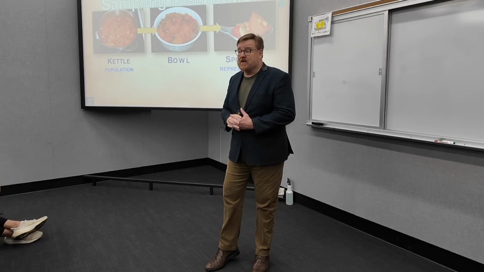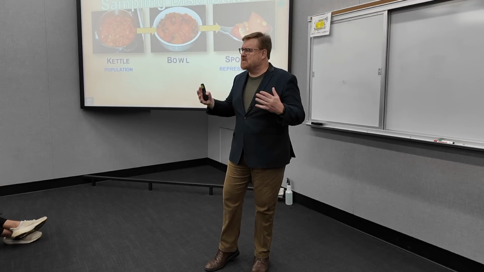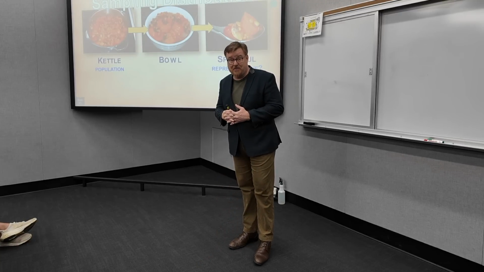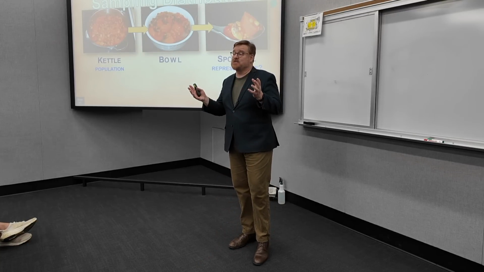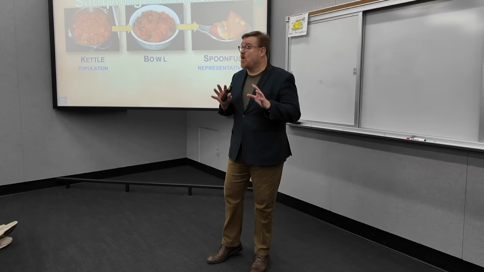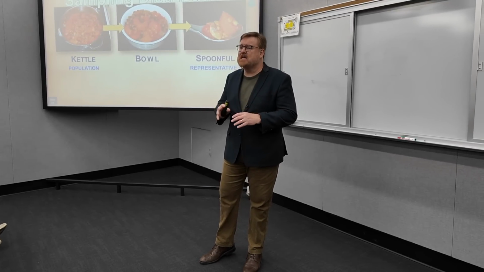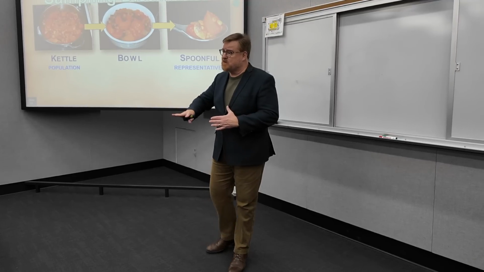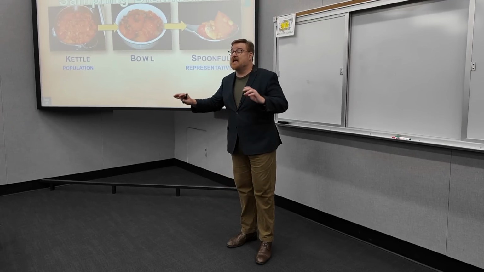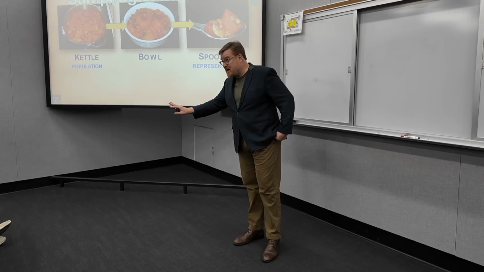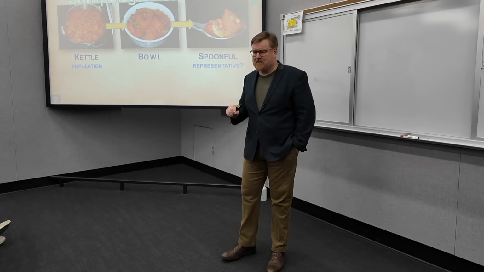If I draw a conclusion based on a non-representative sample, in other words, I didn't have any potatoes in this spoonful, I could still tell you something about the population, but I could be wrong because my non-representative sample is excluding certain parts of the population, and I'm saying something is true that may not be true of some other excluded part of that population.